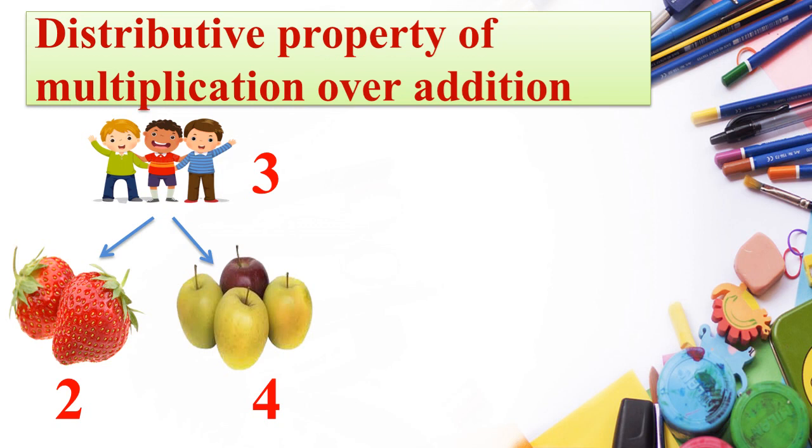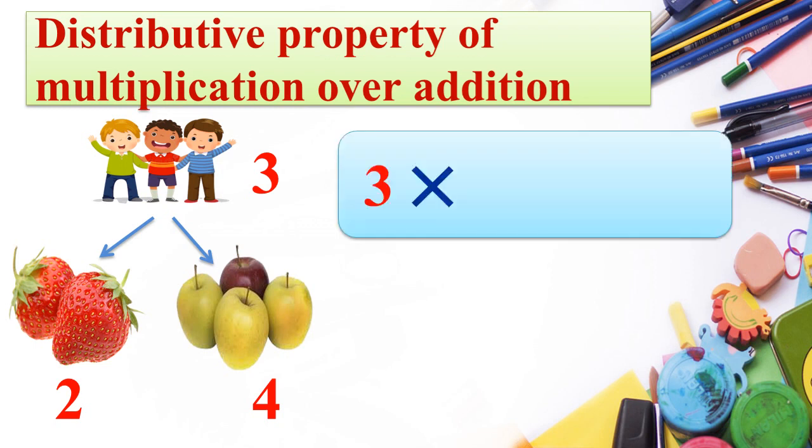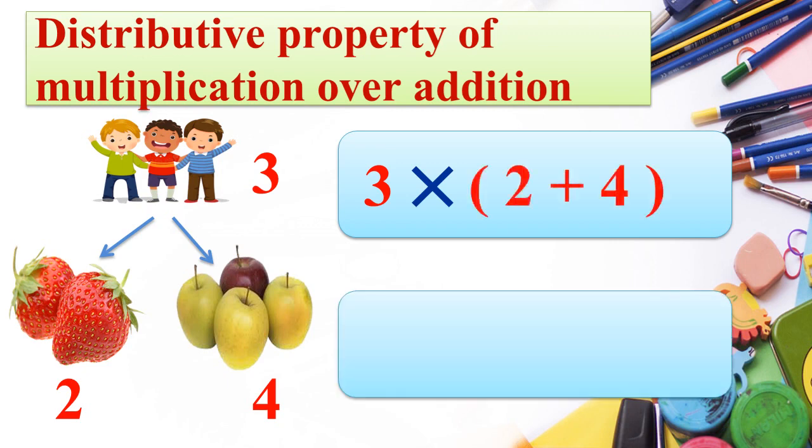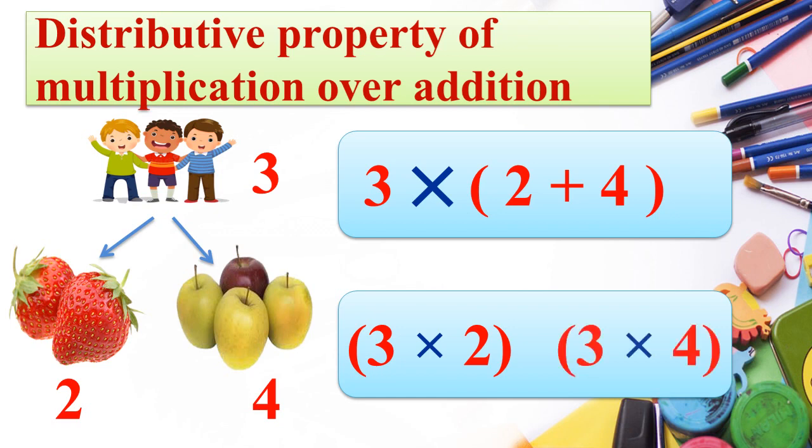Here we follow 2 methods. First, we multiply 3 by the sum of 2 and 4. The other method, we first multiply every number by 3 and then add their values.